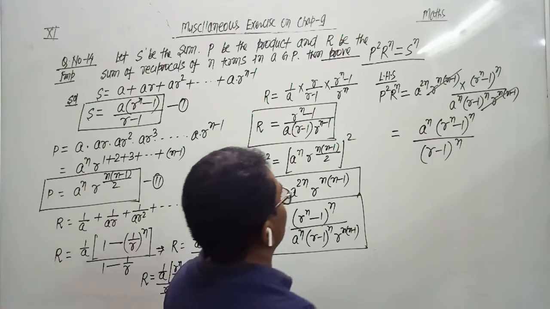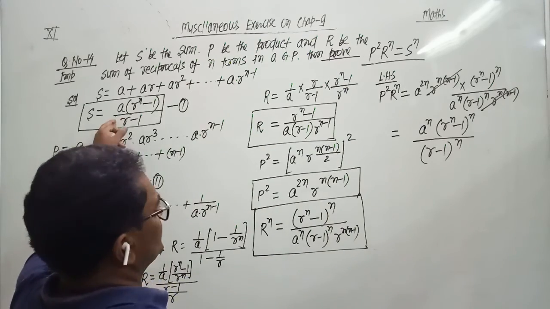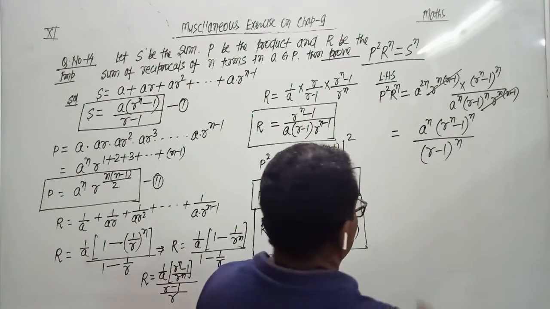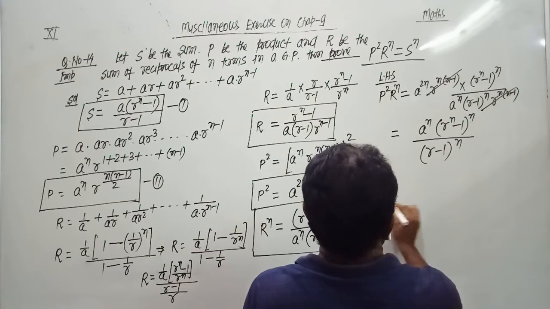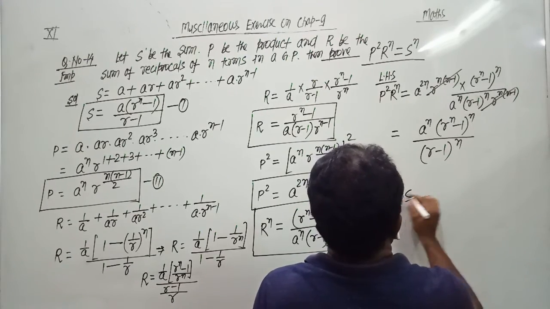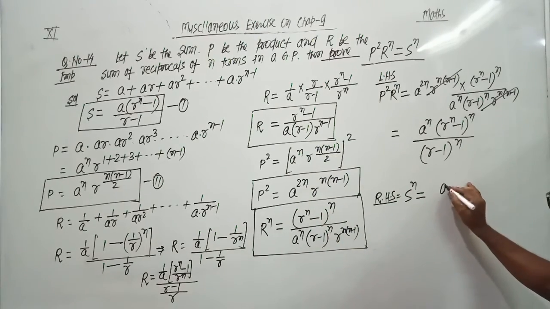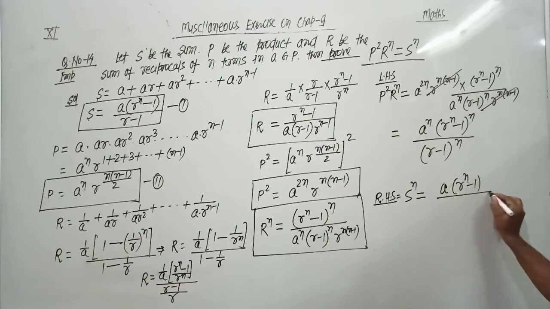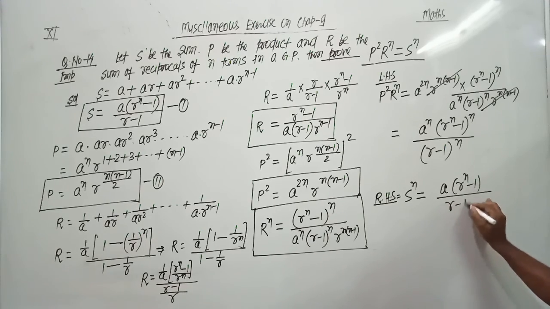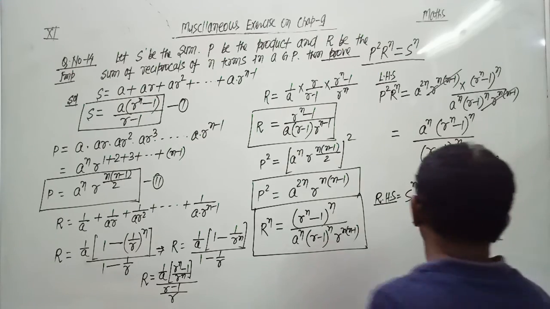This is the LHS. And the value of RHS is s raised to the power n. So the value of s is a into r raised to the power n minus 1 upon r minus 1, and whole raised to the power n.